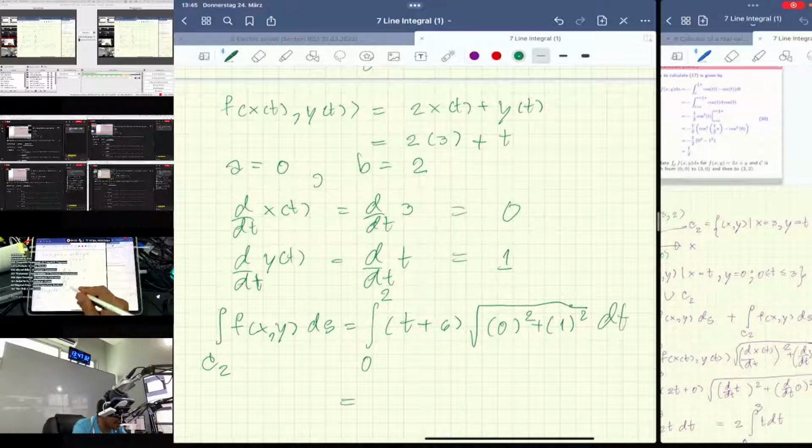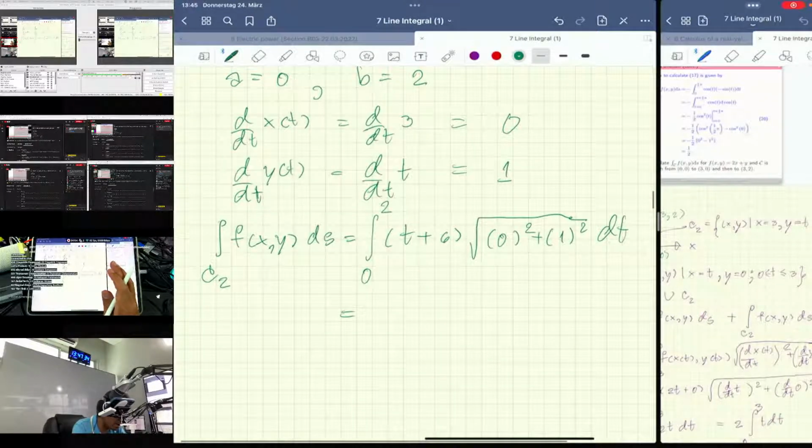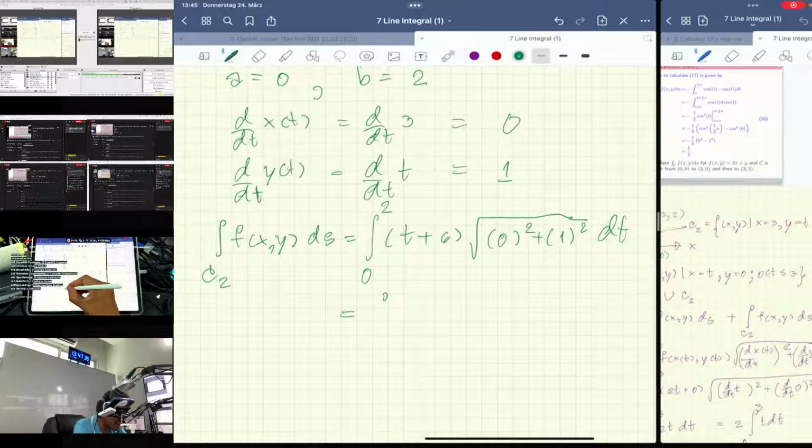So we have here the integration from 0 to 2 of t plus 6 dt.